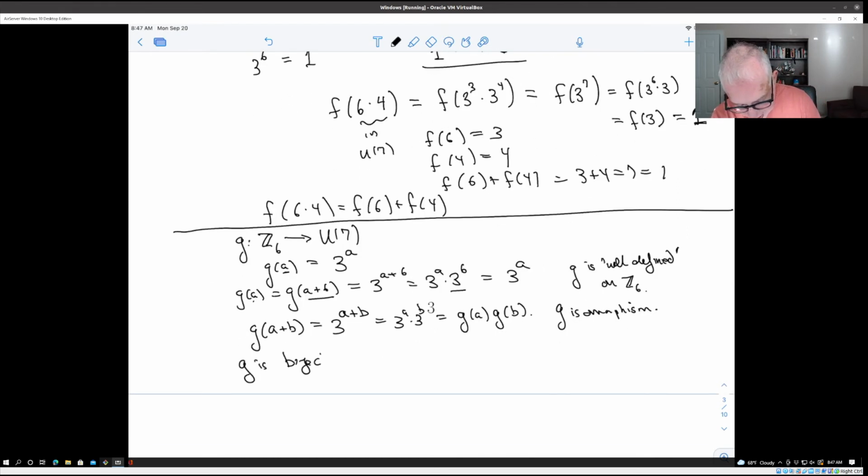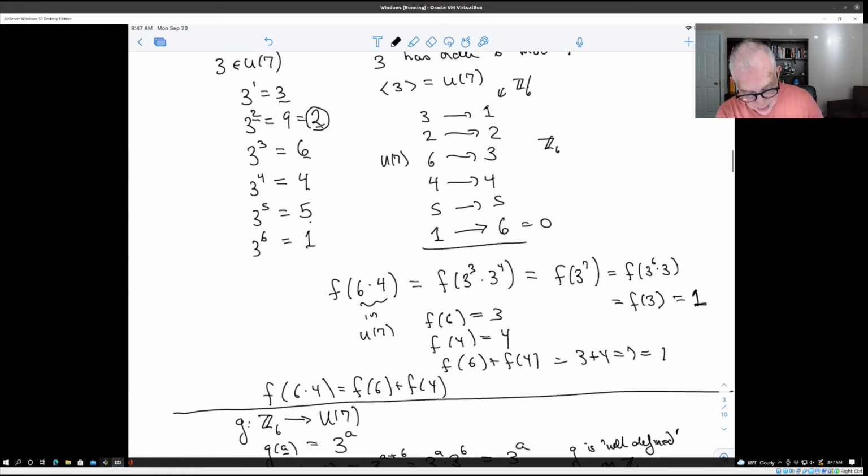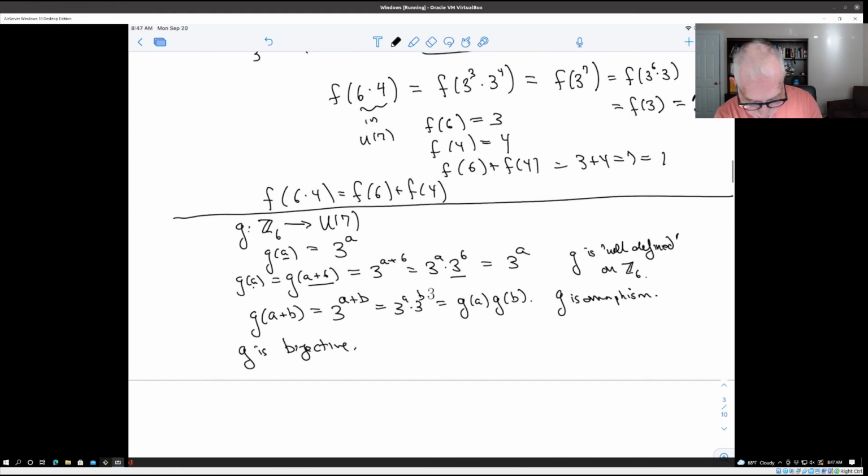But we actually know that from the table above because we just have to invert this picture here, right? So I just took this picture in the other direction, but we could check it real quickly. g of 1 is 3. g of 2 is 9, which is 2. g of 3 is 6. g of 4 is 4. g of 5 is 5.